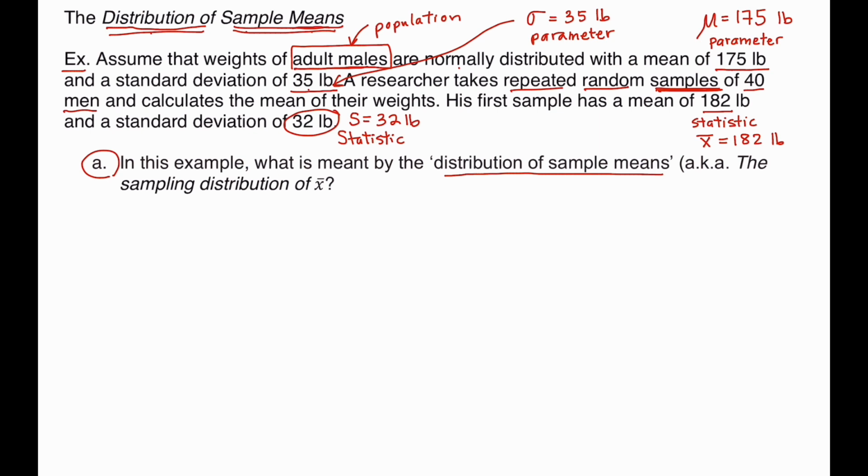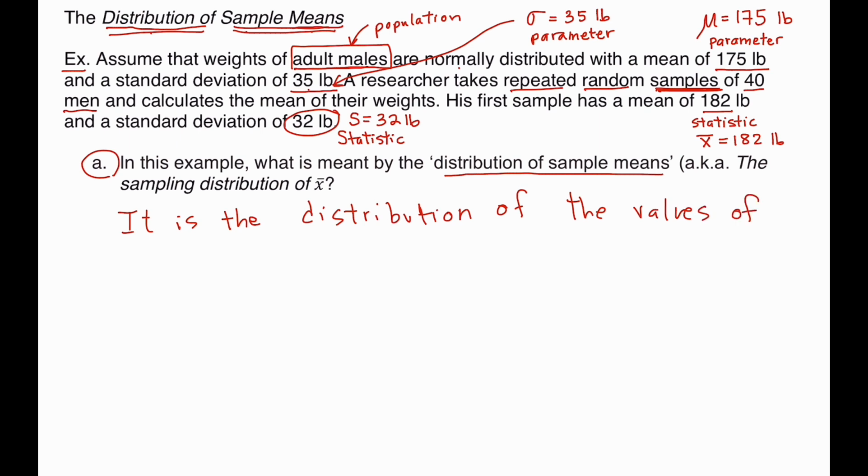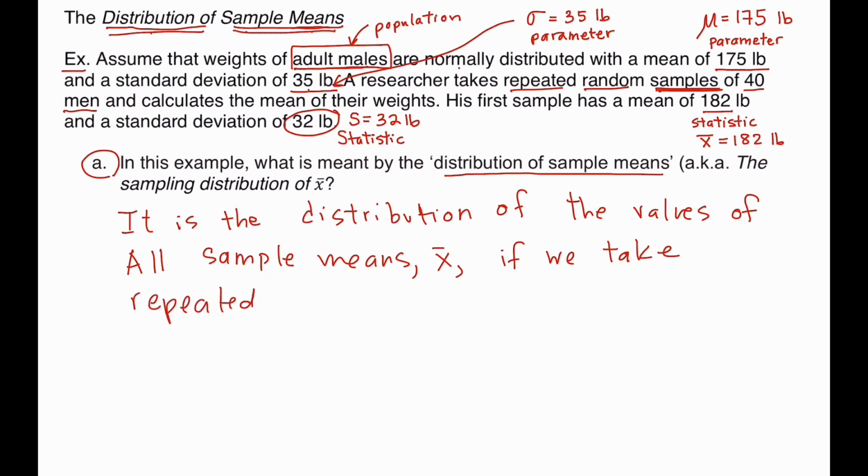All we mean is that it is the distribution of the values of all sample means, denoted X bar, if we take repeated samples of size 40.